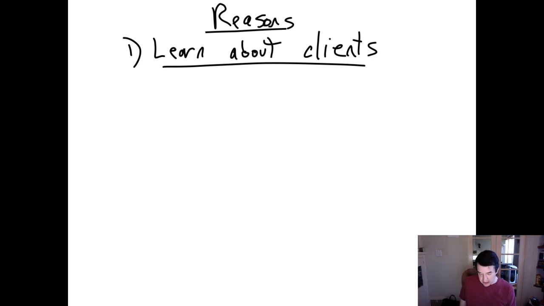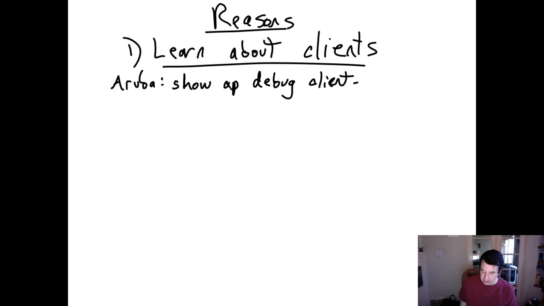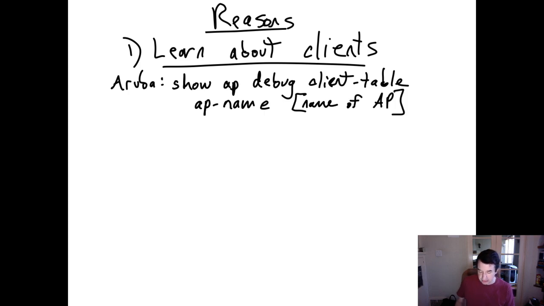But just as an example, for Aruba, I would frequently use the show ap debug client-table command. And then you have to put in ap-name followed by whatever the name of the access point is that you want to get client information from.